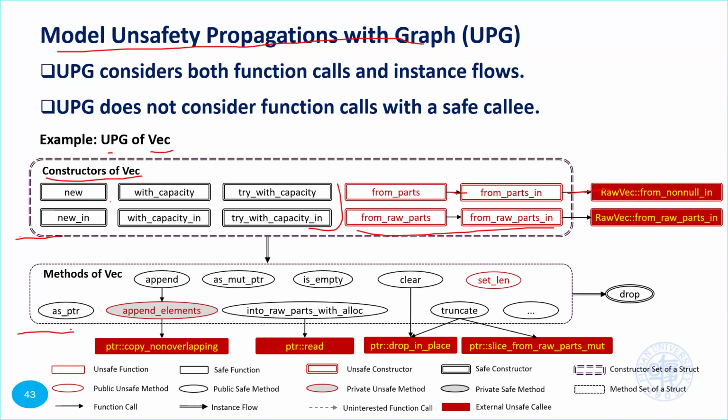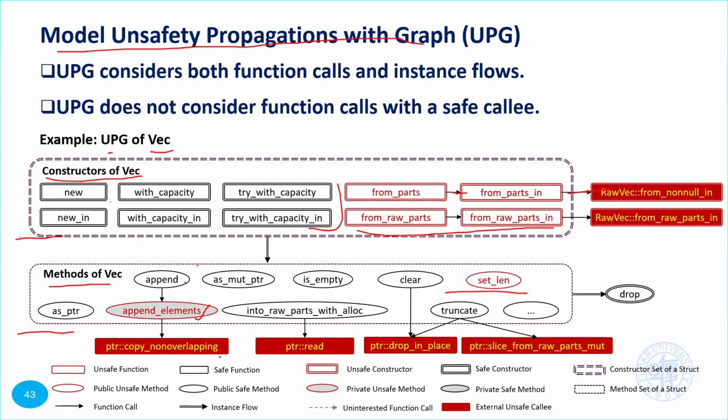In the middle part, we have a set of methods of Vec: a safe method, an unsafe method like set_len, and a private method like append_elements. Some methods also have unsafe callees. So this figure shows what the UPG looks like.